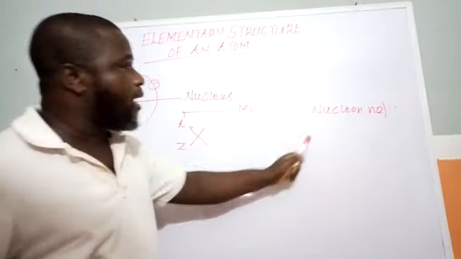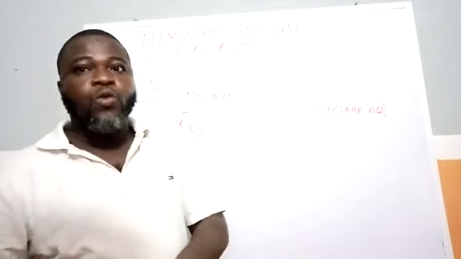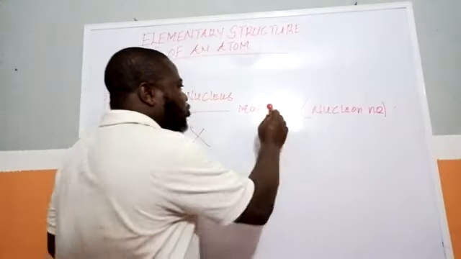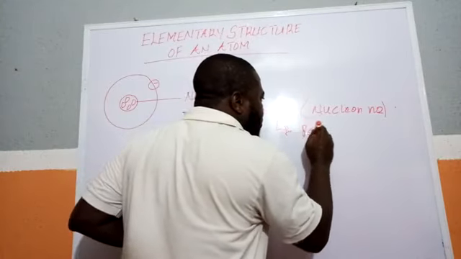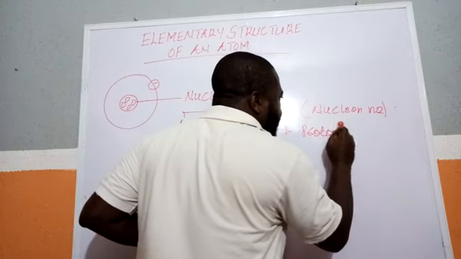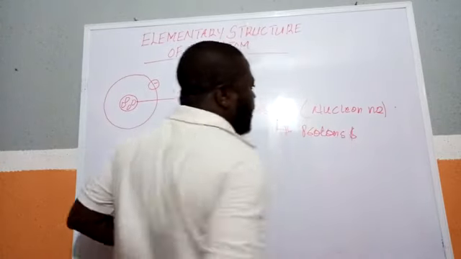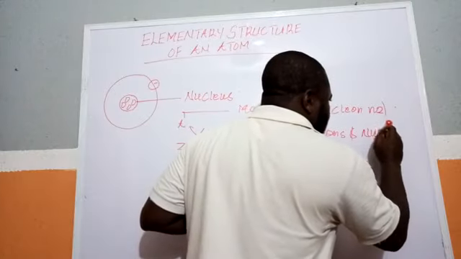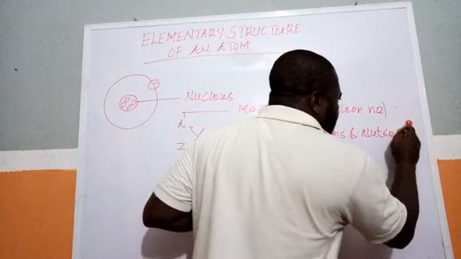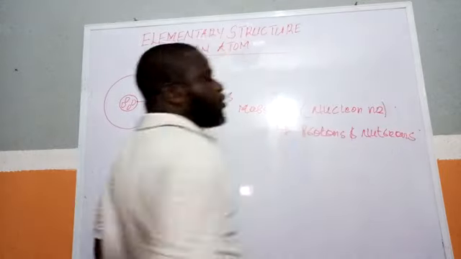Mass number is what we call nucleon number, which simply means the total sum of the protons and neutrons in the nucleus of an element.